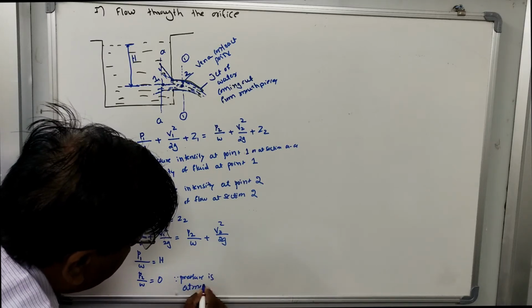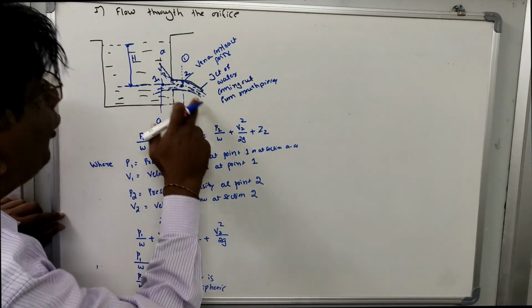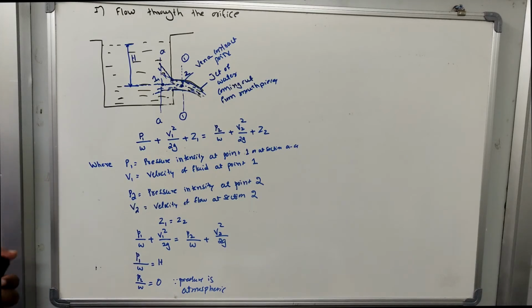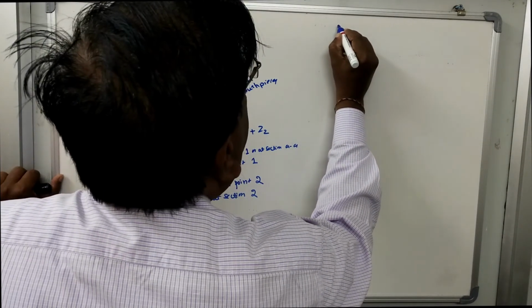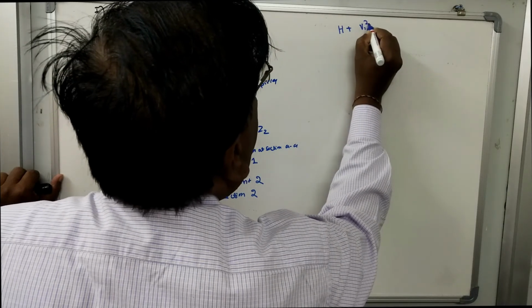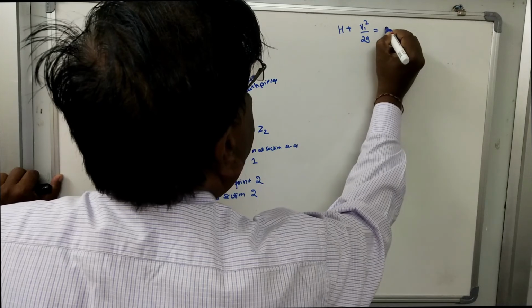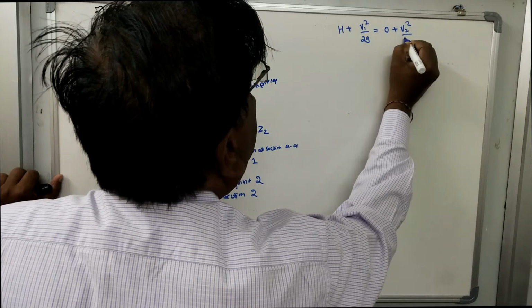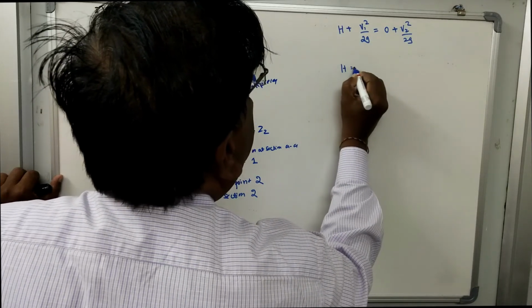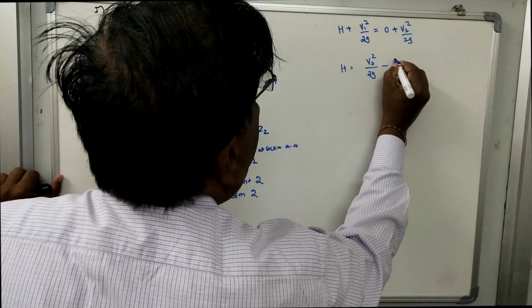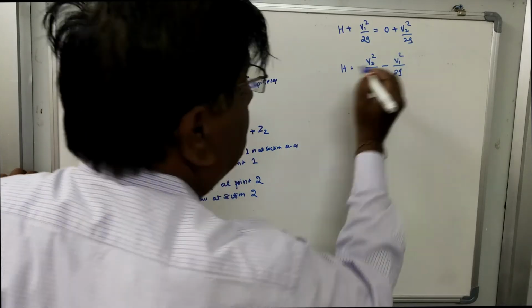Now substitute these values: H plus V1 square by 2g equals 0 plus V2 square by 2g, or H is equal to V2 square by 2g minus V1 square by 2g.